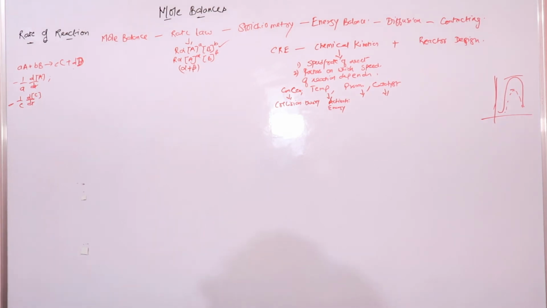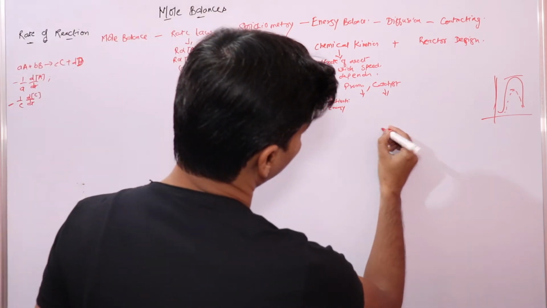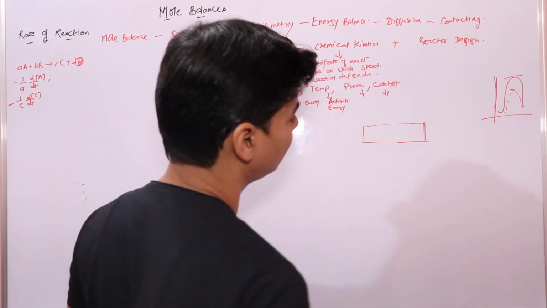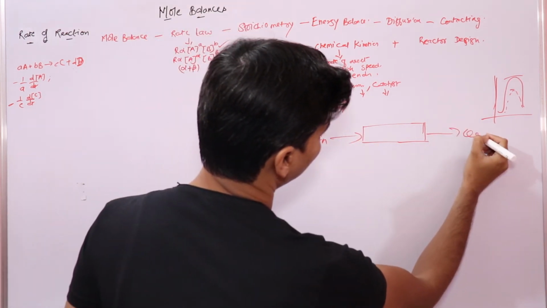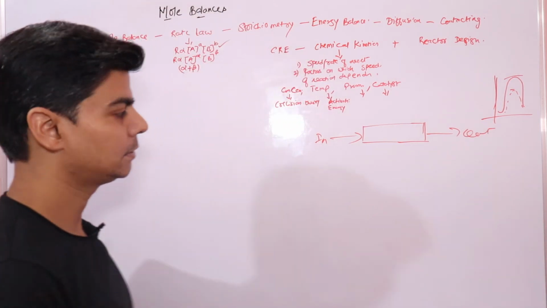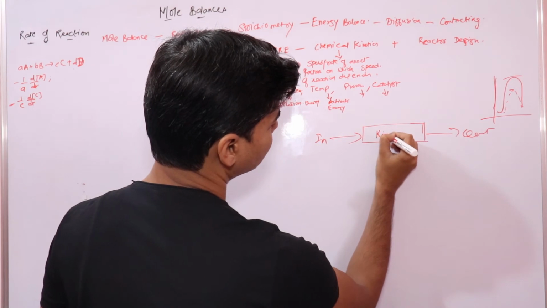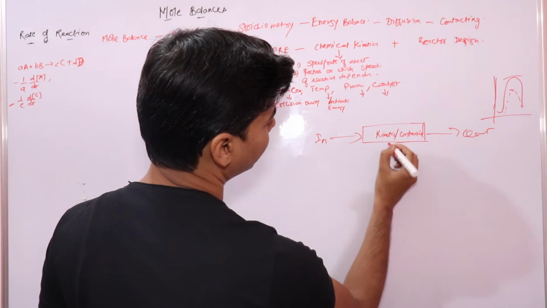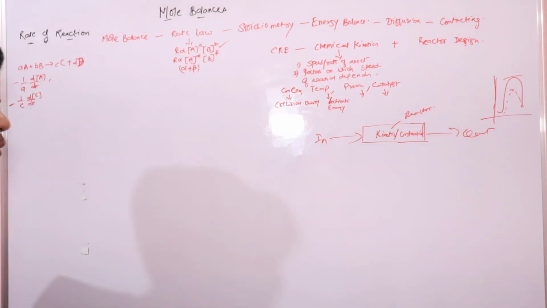Now before we go ahead, if you remember, this is the general diagram: what is coming in, what is going out, is reactants, products, and your kinetics and contacting. This is generally your reactor, right.